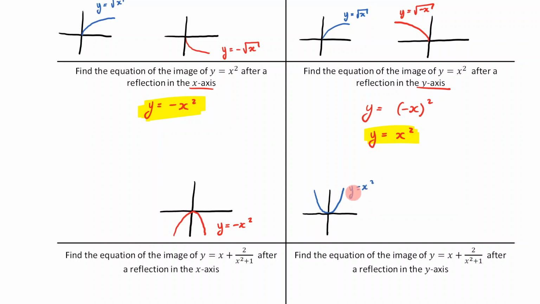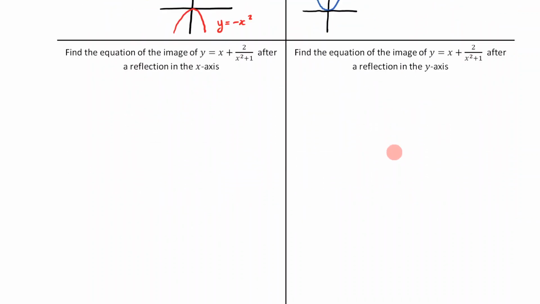Well, if I was to reflect this in the y-axis, the y-axis is here. If I were to reflect that in the y-axis, would you agree it's just going to be the same thing? Because it's symmetrical around the y-axis. So if I reflect it in the y-axis, I just get back to what I began with. And that's the reasoning behind it there. All right, perfect. Let's keep on going.